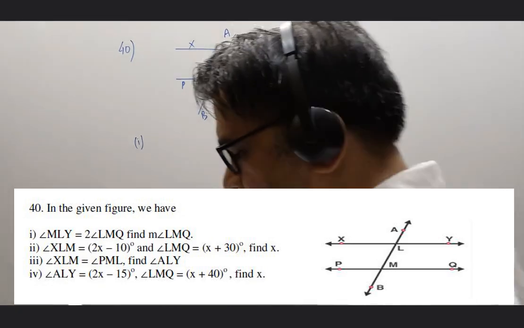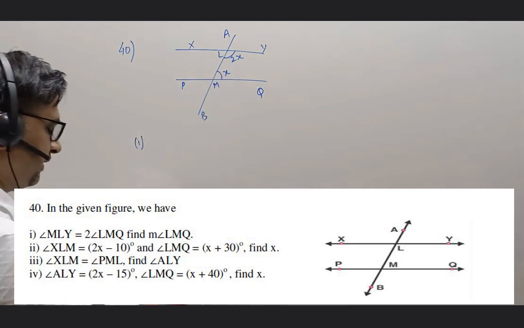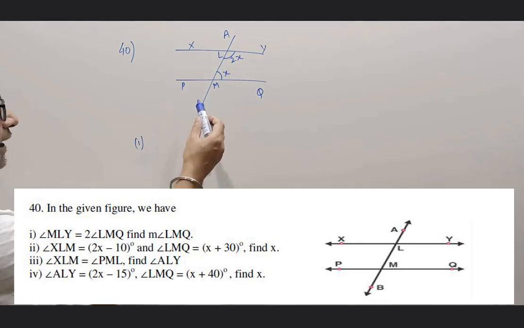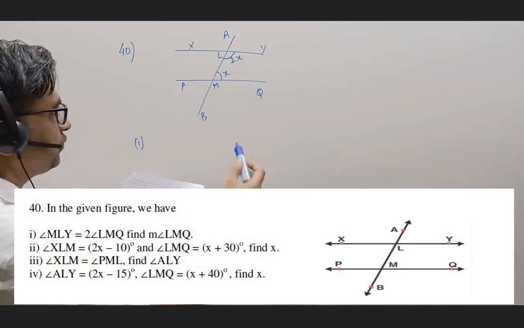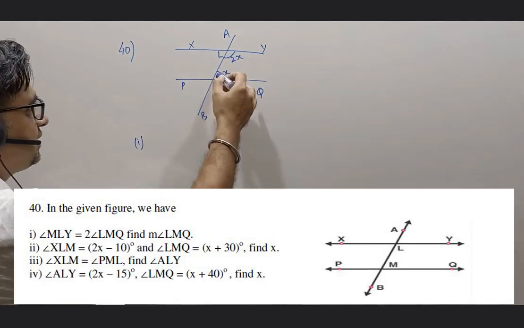So in question number 40, the figure is given as this. We have these lines parallel, that's indicated by the arrows, and it's given that angle MLY is twice of LMQ. That's given. So we have taken this as X and this as 2X, because it's given that this angle is twice of this angle.